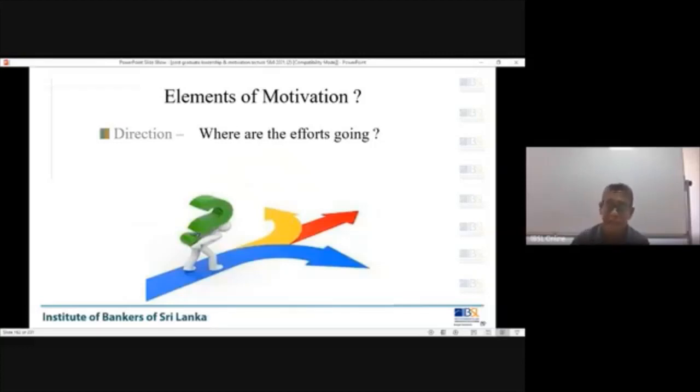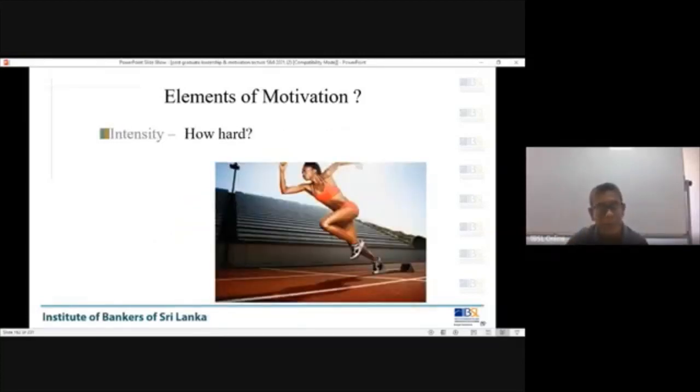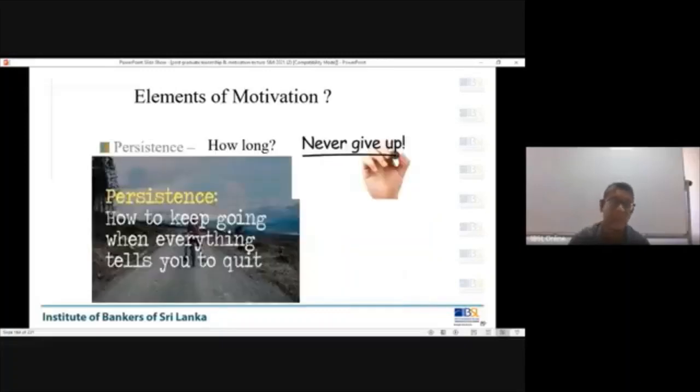Next is intensity. How hard? Like a 100-meter run, how intensely do you go to reach the final destination? Persistence: how to keep going? Never give up, for example. Only then is motivation taking place.